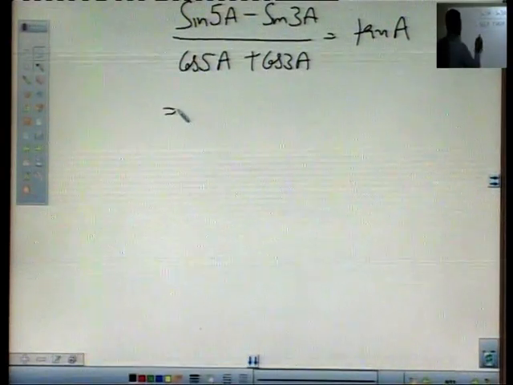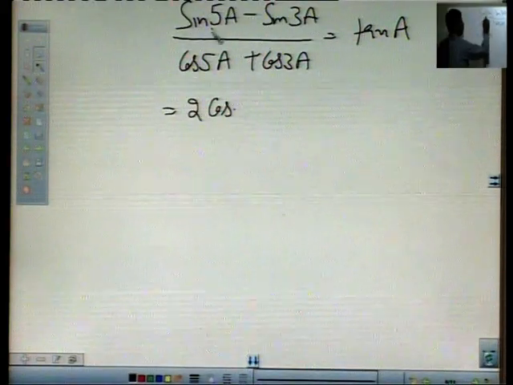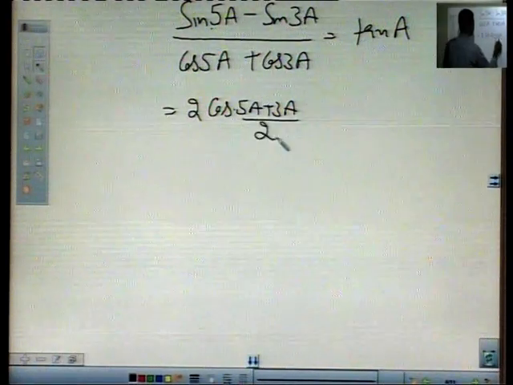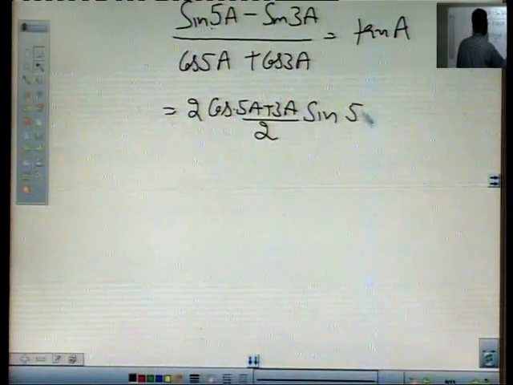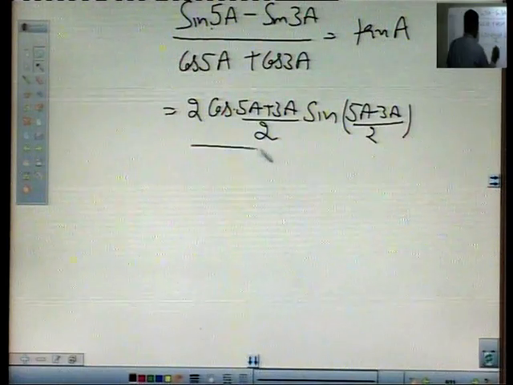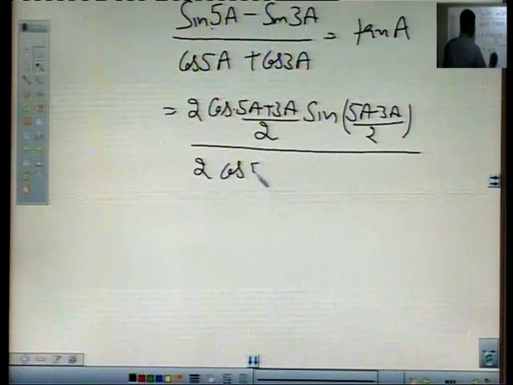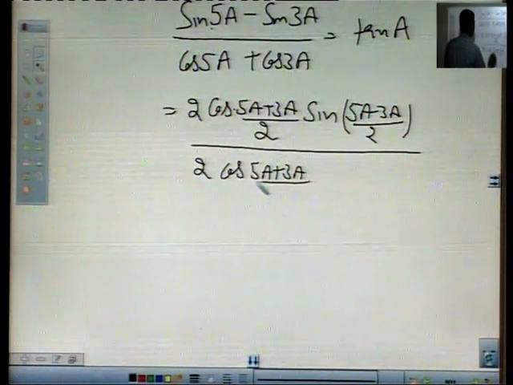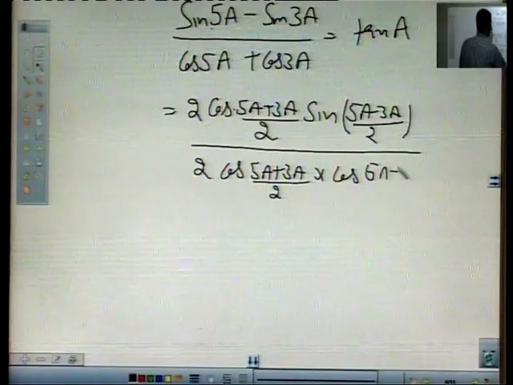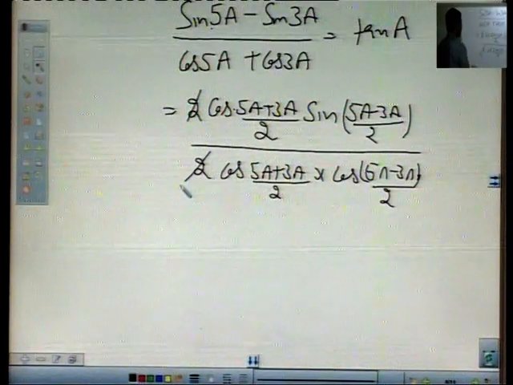So sine C minus sine D is 2 cos of C plus D by 2 sine of C minus D by 2, divided by 2 cos of 5a plus 3a by 2 cos of 5a minus 3a by 2. So 2 gets cancelled with 2.